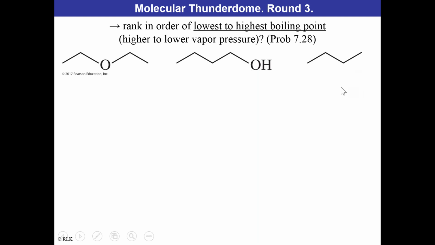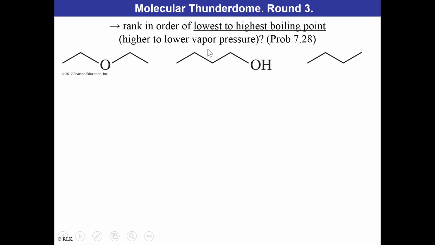You have 1, 2, 3, 4 carbons in that ether. You have 1, 2, 3, 4 carbons in the alcohol, and then you have 1, 2, 3, 4 carbons in that straight chain carbon molecule on the right. So what you have here is the same number of carbon atoms, but just some different substituents.